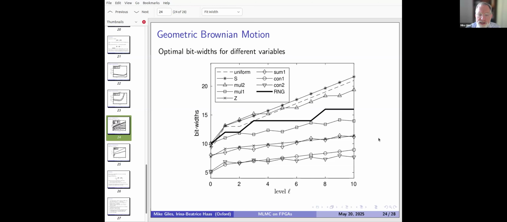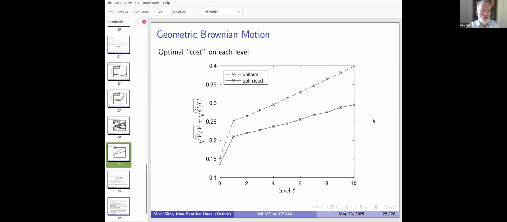It also explains why the cost savings here get poorer as we go to the finer levels, because you're needing more accuracy for some of the variables.